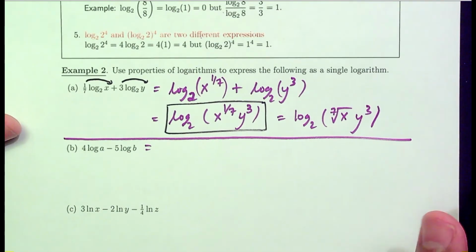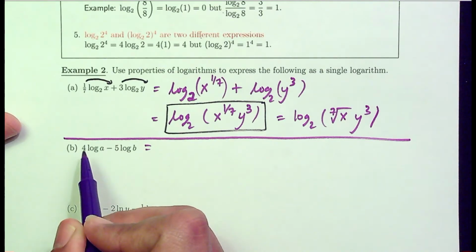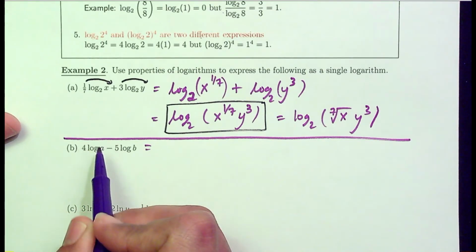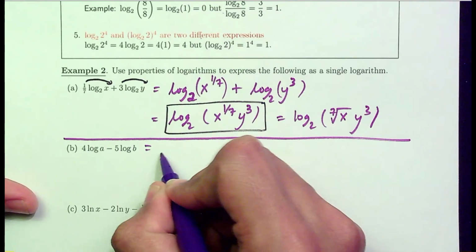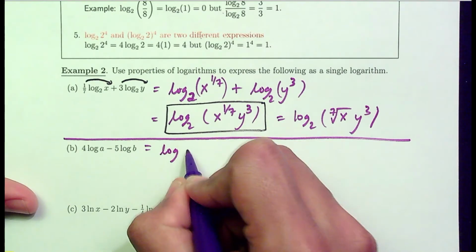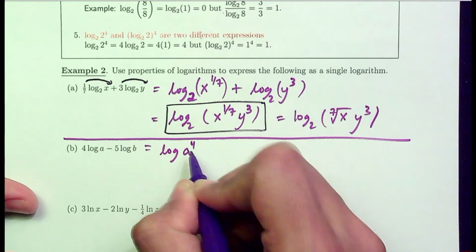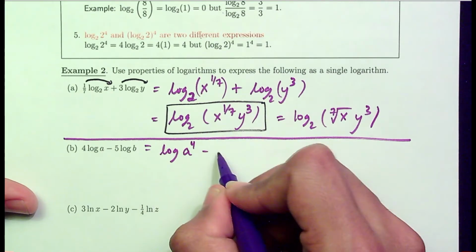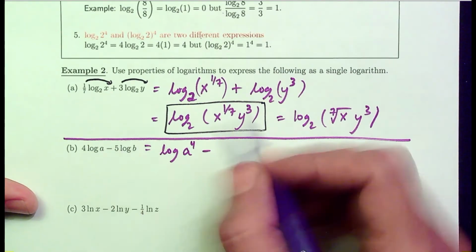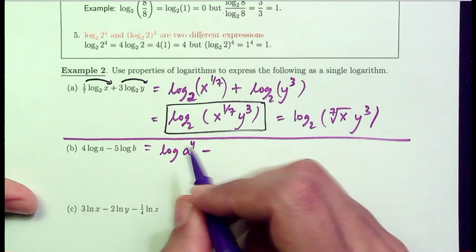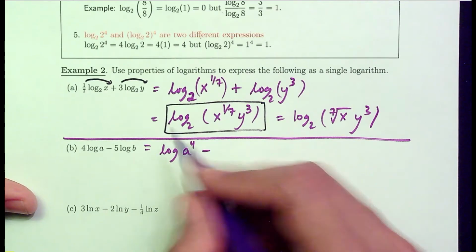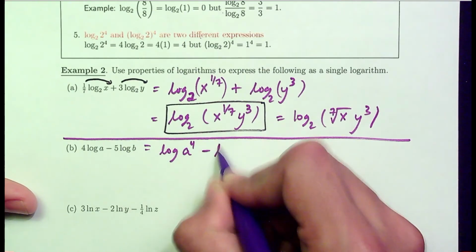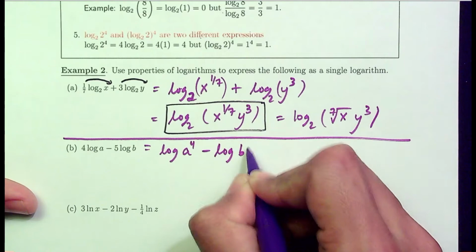Again, you take coefficients and move them inside the logarithm, and they become exponents. So this is going to become log of a to the 4 minus, leaving the minus in between the logarithms, and moving the 5, log b to the 5.